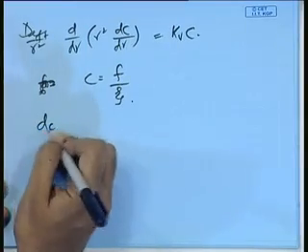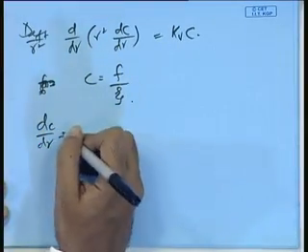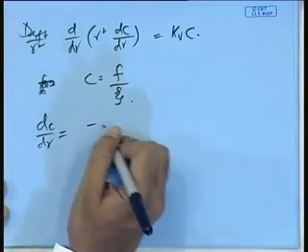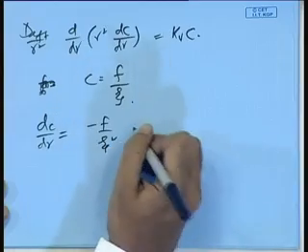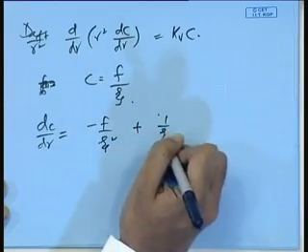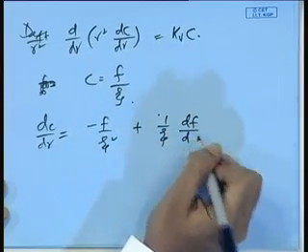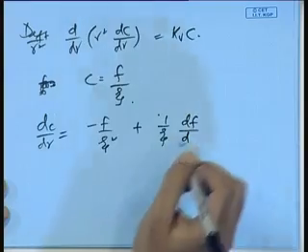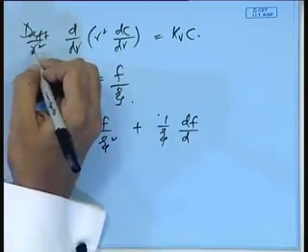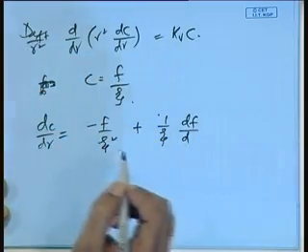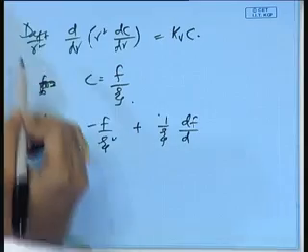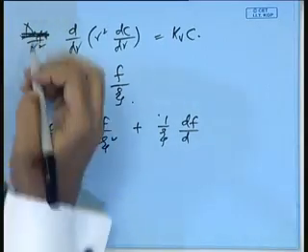So my del c del r equals now minus f over psi square plus 1 over psi del f del r, or I mean I want to use a psi over here. So if I am correcting this, let me just use another page.